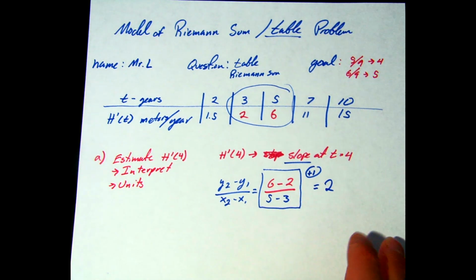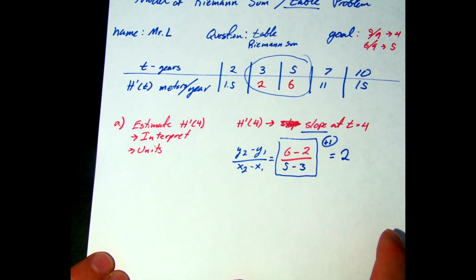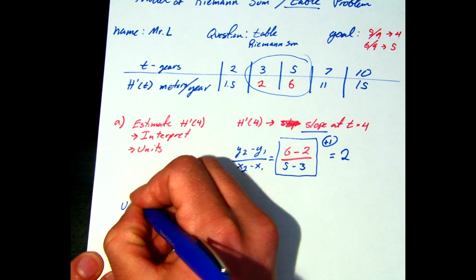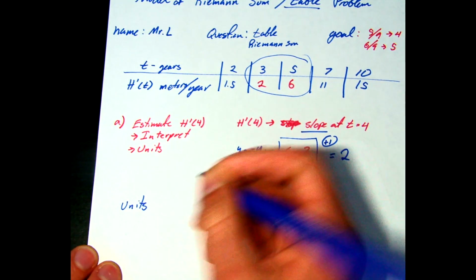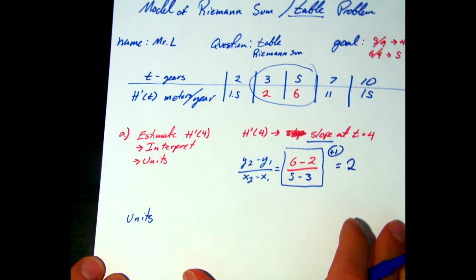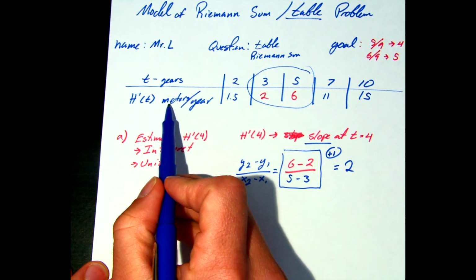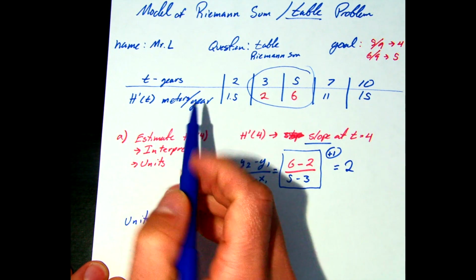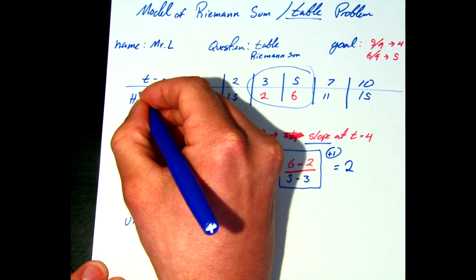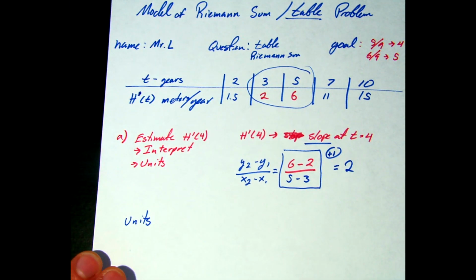Now, next thing we're going to talk about is the units. Okay. So up here it gives me meters per year. Did I make this h prime of t? That should just be h of t. Sorry, guys.